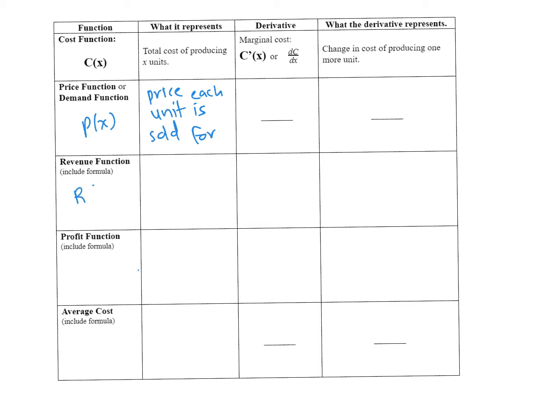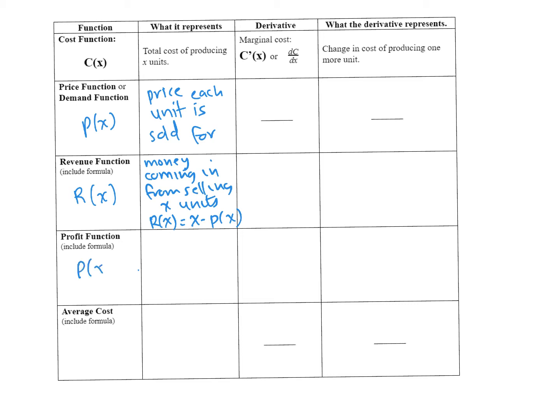Revenue we said was capital R, so R of X, and that is money coming in from selling X units. So we said R is X times the price.